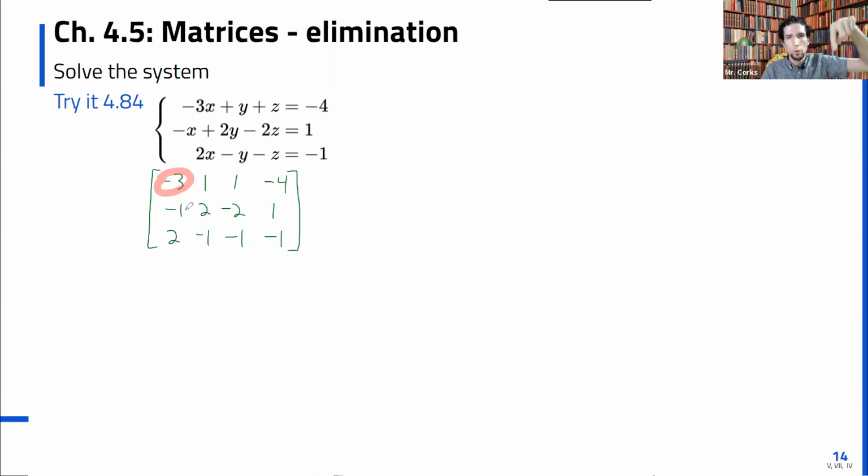And then we can just use that 1 to very easily scale the other things and eliminate downward. So that will take care of the X variable for us. So that's our first goal. Get a 1 in the first position and then eliminate all the things below it. Easiest way to get that 1 is to just swap row 1 and row 2.